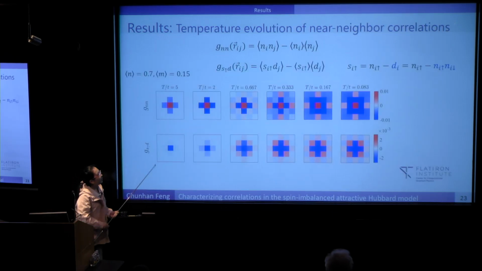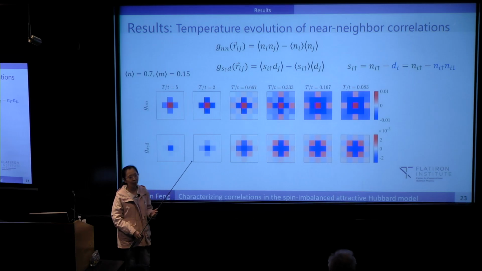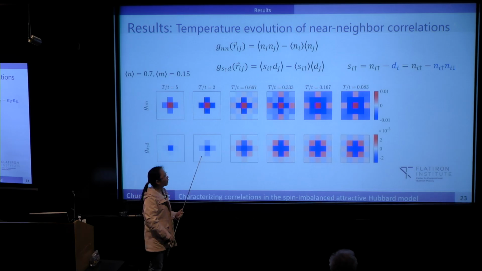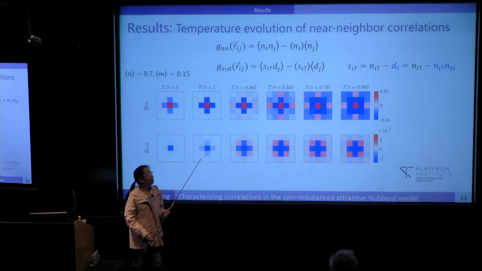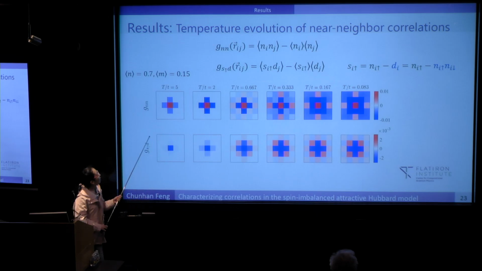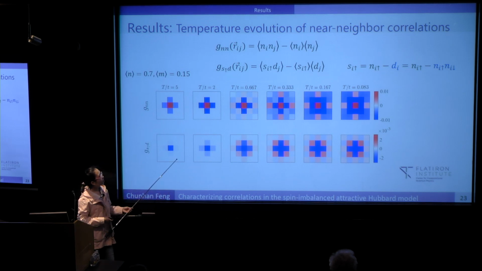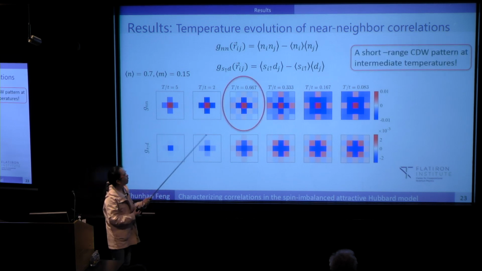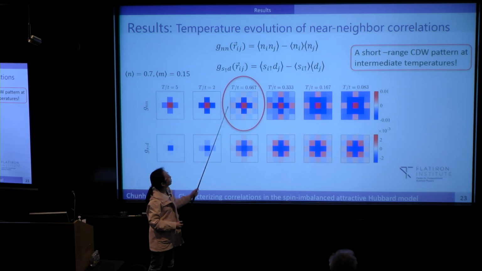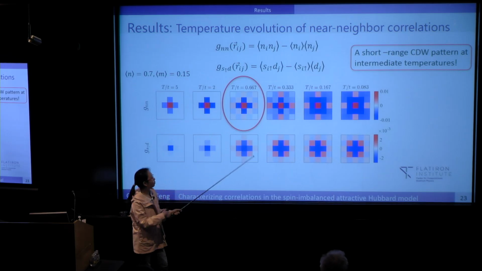Yeah, great. So the results we have seen are at some finite temperature, T equal to 1/3. It would also be interesting to explore how these patterns evolve with temperature. On this slide, I will show you the density-density correlation and the single-on, double-on correlation versus temperature. Interestingly, for the density-density correlation, we see a relatively weak CDW pattern at some intermediate temperatures.